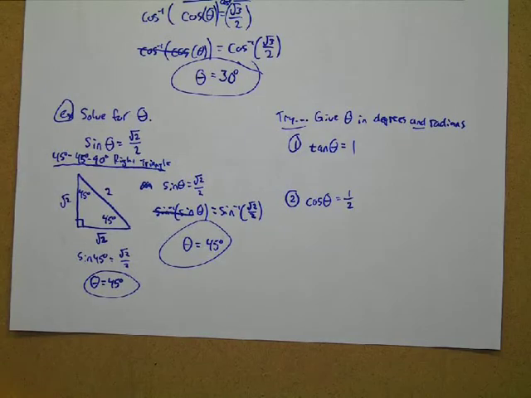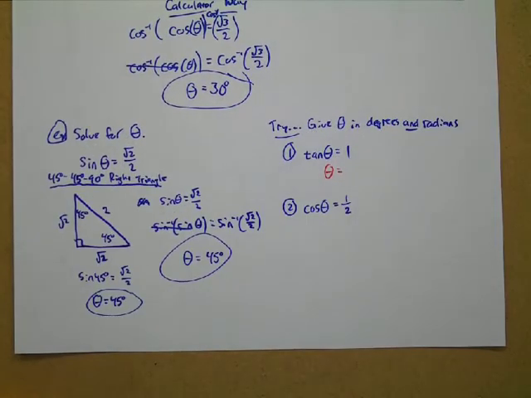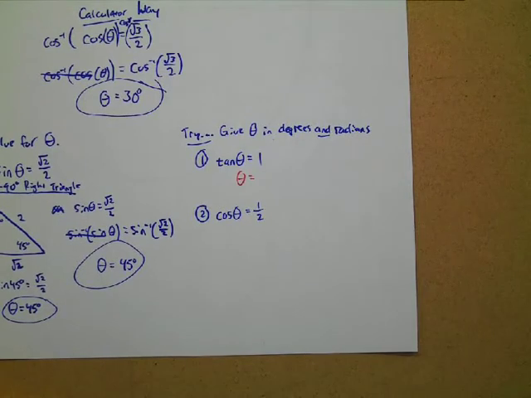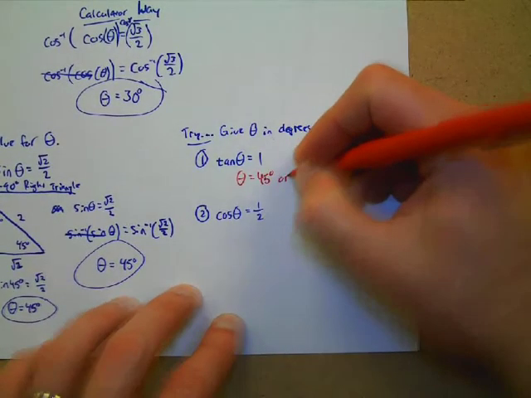So what answers do we have here? For number 1, what is that theta going to be? Tangent theta equals 1, so that means theta must be 45 degrees. Or what in radians?